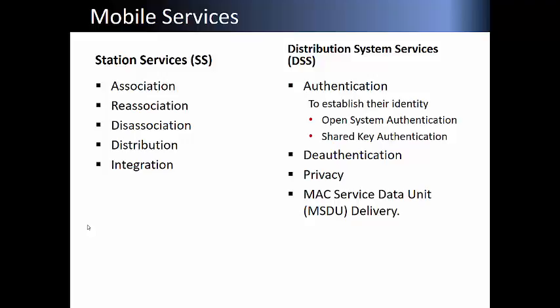Station service means your laptop. Okay, when your laptop tries to access access points, then let's say that is at the distribution system services. Your laptop needs to associate or reassociate, disassociation, and so on and so forth. This is what we discussed, I think, several weeks ago. And distribution system services is doing that.